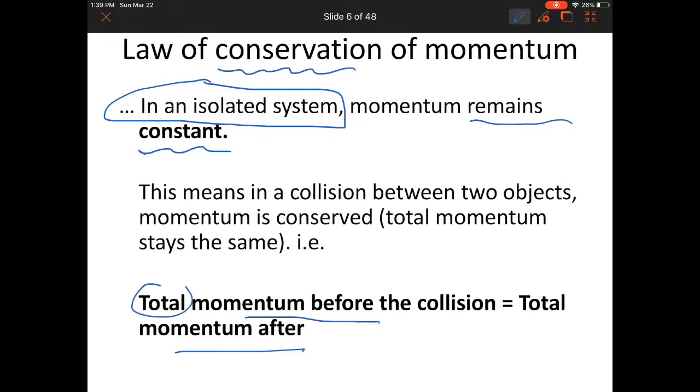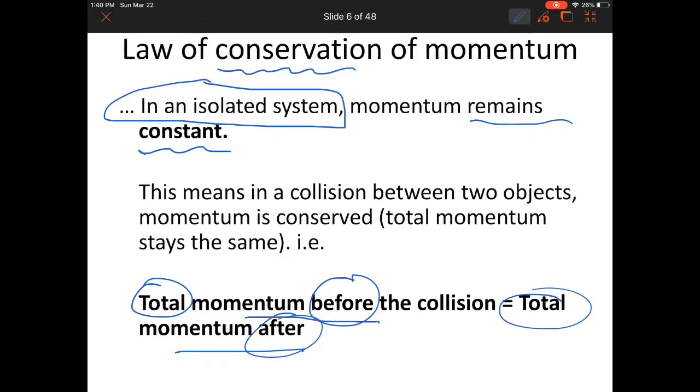And we say total, meaning there are two objects interacting. For example, one car collides with another car. That is what we're talking about. The momentum of car 1 and car 2 combined before the collision should be the same as the momentum of car 1 and 2 combined after the collision.